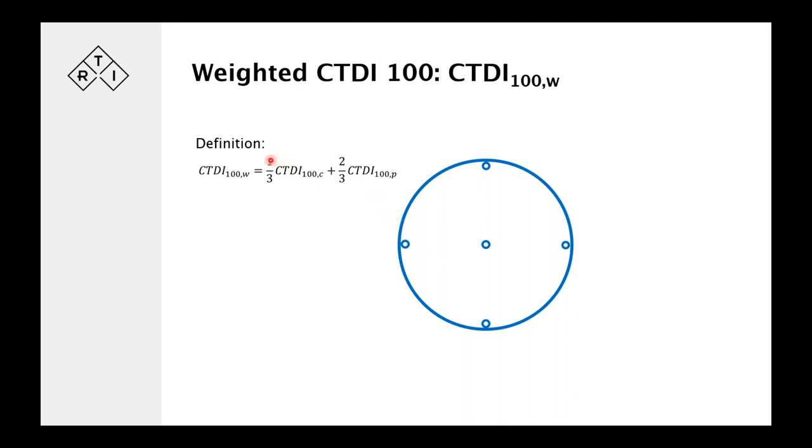There's a formula taking into account the CTDI 100 in the center hole, and the average of the CTDI 100 in the peripheral holes. Because it's weighted, the CTDI weighted value has a higher weight to the skin dose, so to say.